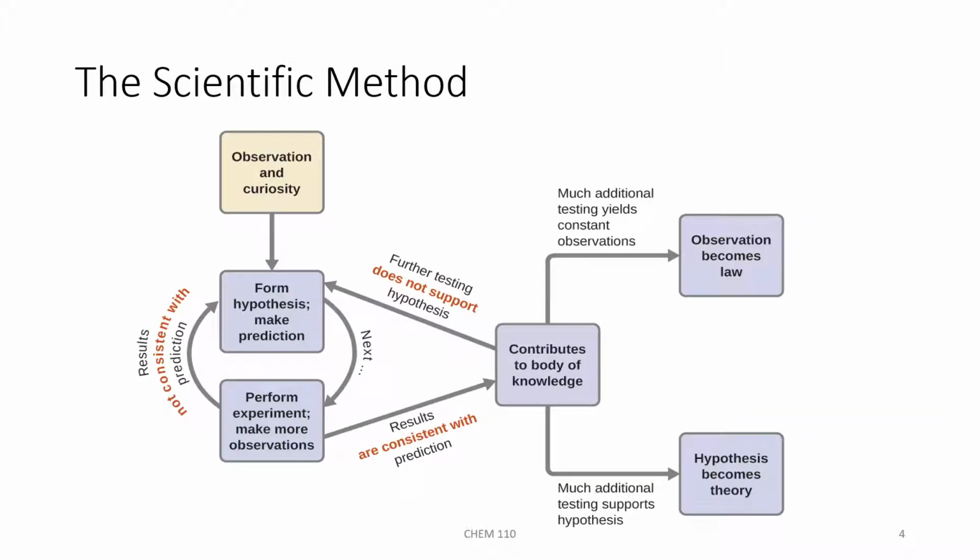We can see that the end goal of the scientific method is to get some results that contribute to a body of knowledge. If the results yield constant observations, that's what's called a law. If the results support your hypothesis, but we're not entirely sure why, that's where they become a theory.